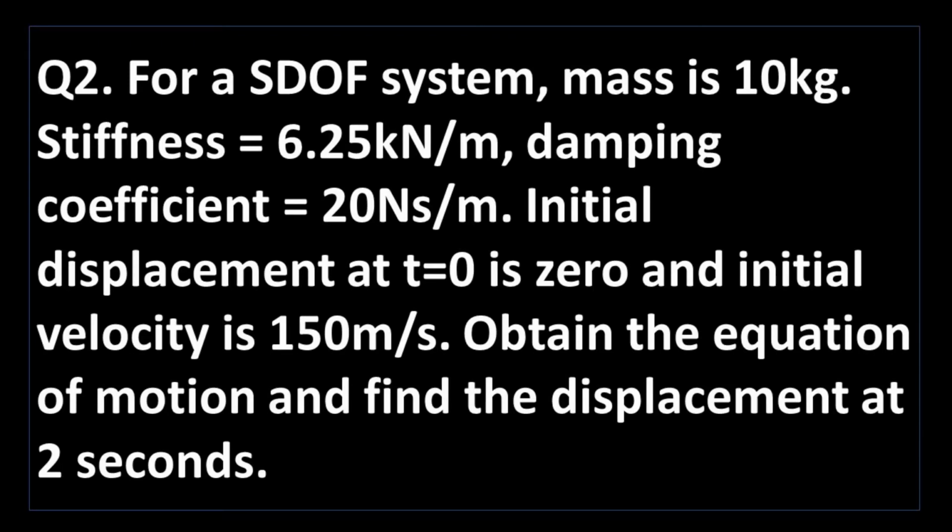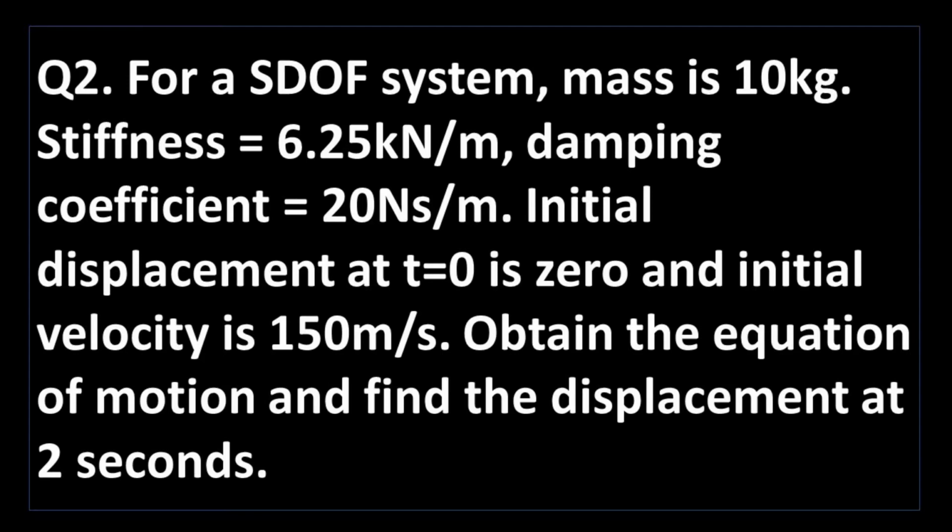For a single degree of freedom system, mass is 10 kilogram, stiffness 6.25 kilonewton per meter, damping coefficient 20 Newton second per meter. At t is equal to 0, x0 is equal to 0, x0 dash is equal to 150 meter per second.